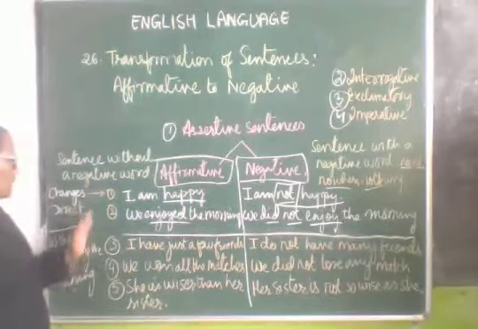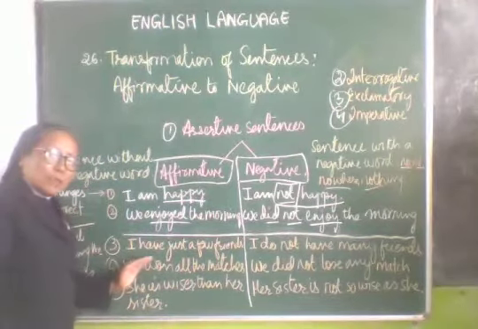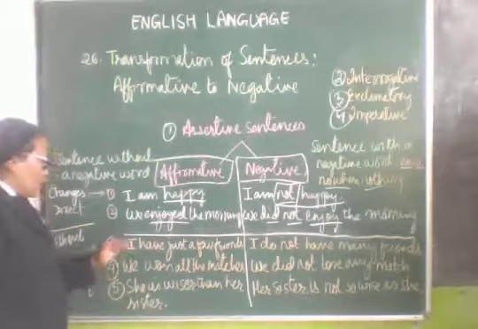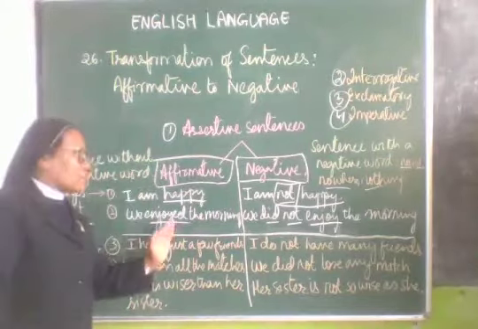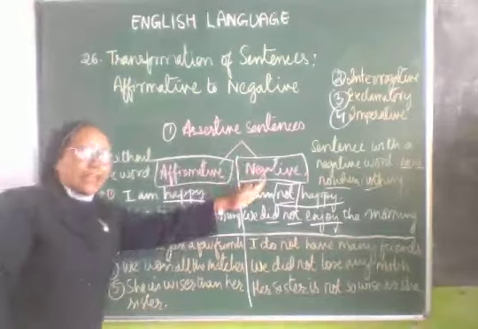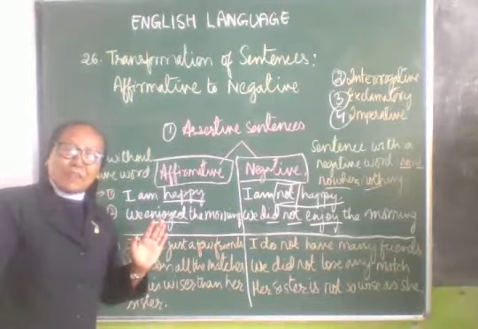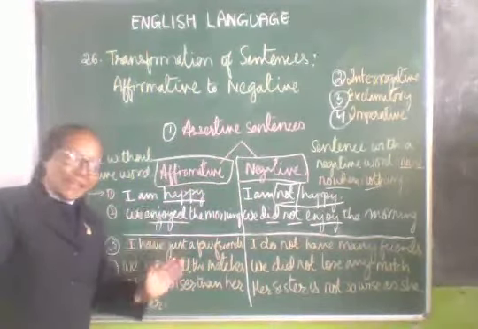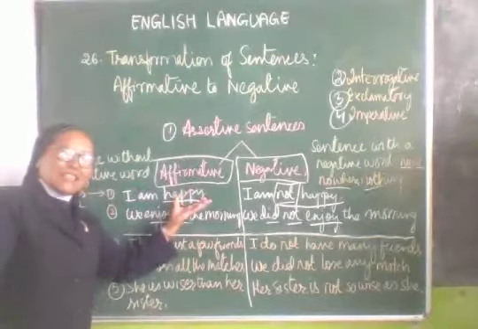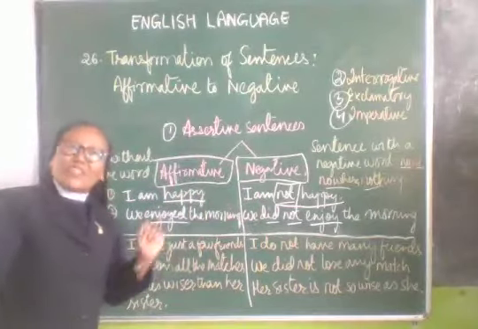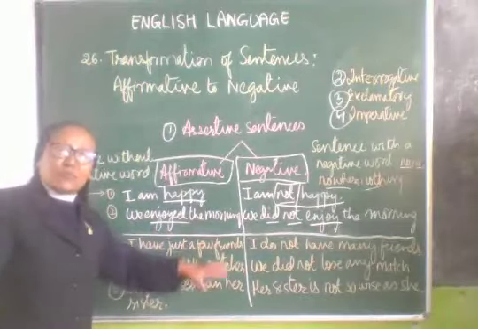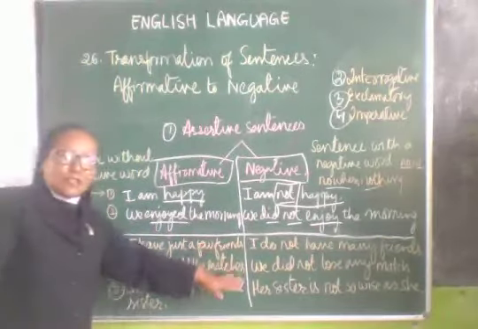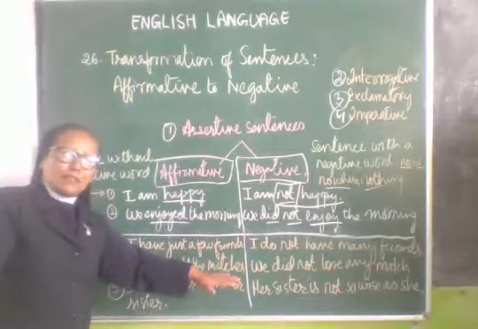Now in the second type of transformation, we change the affirmative to negative without changing the meaning. We make the affirmative sentences negative without changing the meaning. This is a more advanced form of the structure of transformation.